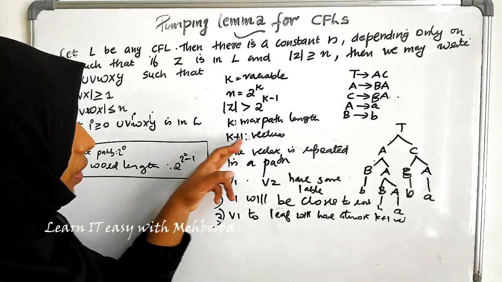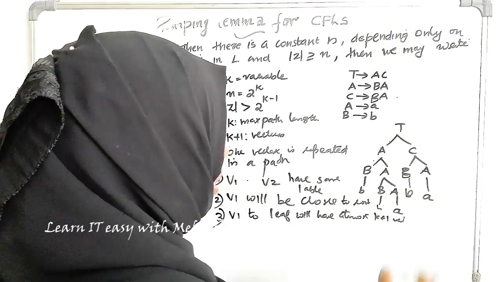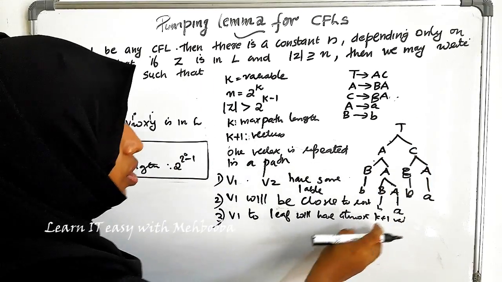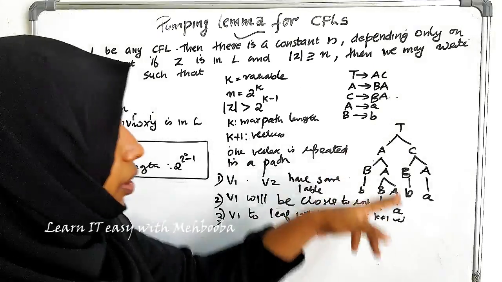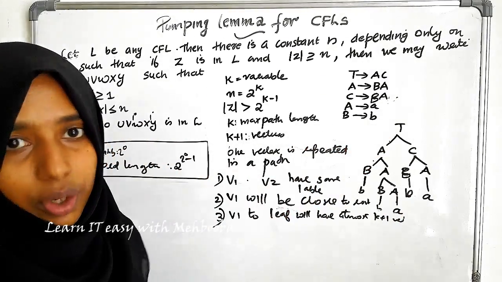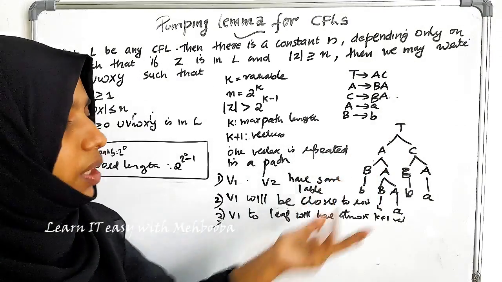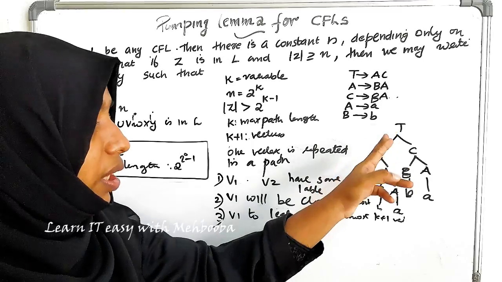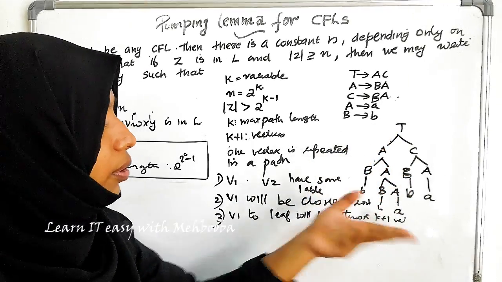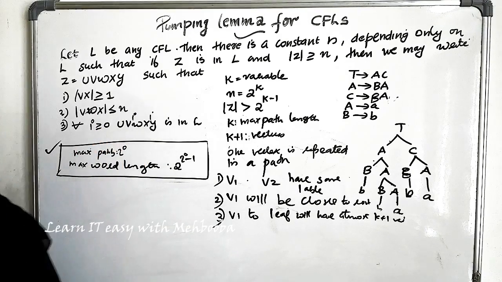If V1 is the root itself, we will have at most k plus 1 vertices from V1 to the leaf node. Because even if V1 is the root node itself, this node can also be repeated. That is the worst case, and in that case also V1 to leaf node will have a maximum of k plus 1 vertices.